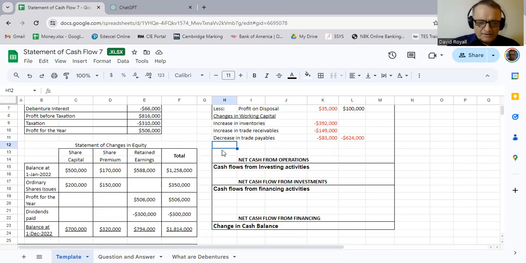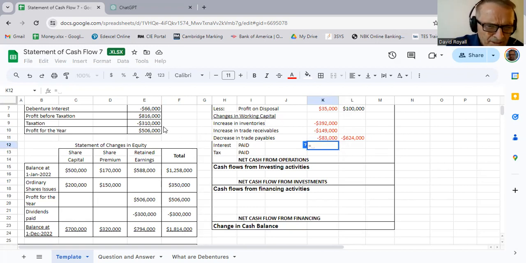Okay, well, all that's left then is the interest and the tax paid. Paid, remember. I'll make a point of that. We're not interested in the tax being charged on profit and loss. It's actually paid. So how do we know how much tax we've paid?